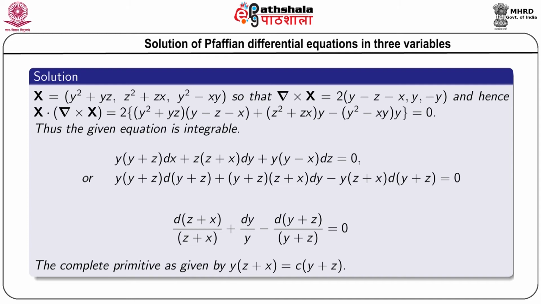Now, if we look at the equation, it can be written in this form: d of (z plus x) by (z plus x) plus dy by y minus d of (y plus z) by (y plus z) equals 0. So, after integrating, we get the integral of the given equation like this: y into (z plus x) equals c into (y plus z), where c is the arbitrary constant.